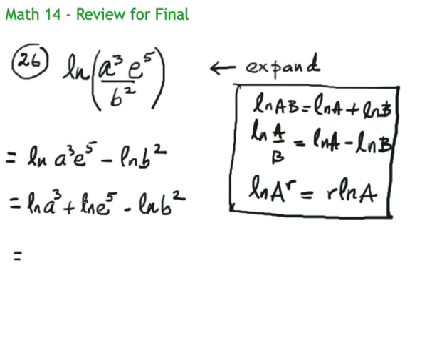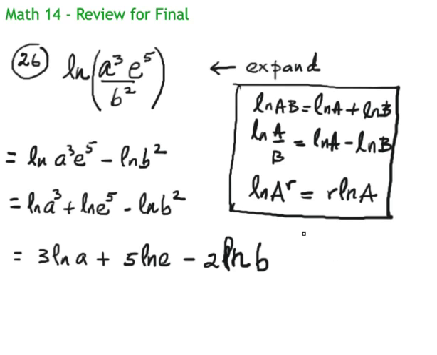And now we're just going to bring down all those exponents. That's the third log property. So that's 3 ln a plus 5 ln e minus 2 ln b. The only thing we have left to do is simplify ln e. Now e is the base of this natural logarithm.